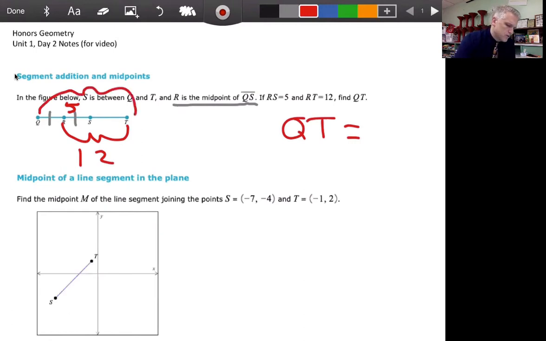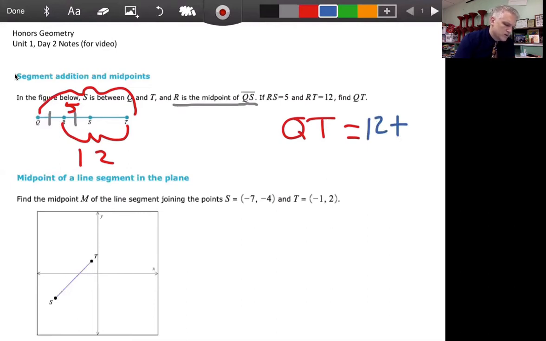We've got this part of the entire segment, which they already gave us, RT is 12 units long. If we had this part plus this part, we would have the entire segment. So we know it's going to be 12 plus the measure of RQ.